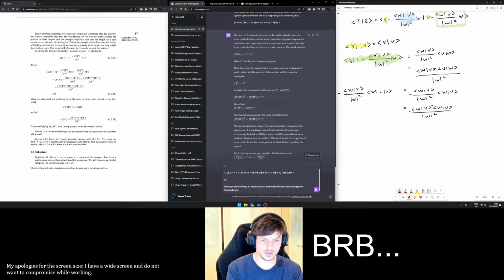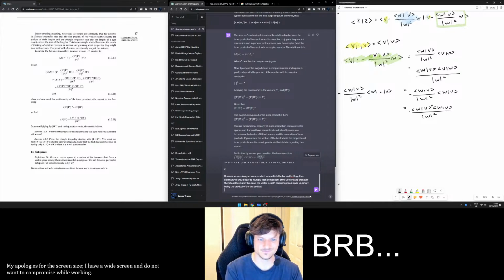Normally, we would then have to multiply each component of the vectors and then sum them together, but in this case the vector is just one component, so it ends up simply being the product of the bra and ket.